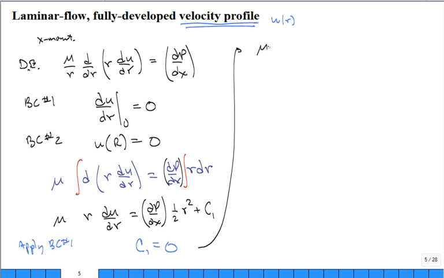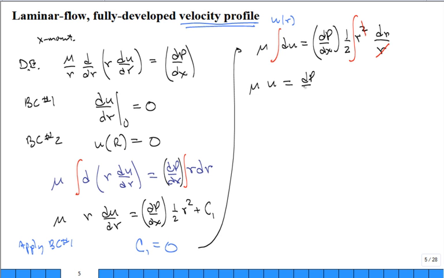So you'll get mu du is equal to (dp dx) 1/2 r squared, but we bring over dr over r, so it cancels one of those. What's the next step? Integrate. And so you'll have mu u is equal to (dp dx) 1/4 r squared plus a second constant of integration.